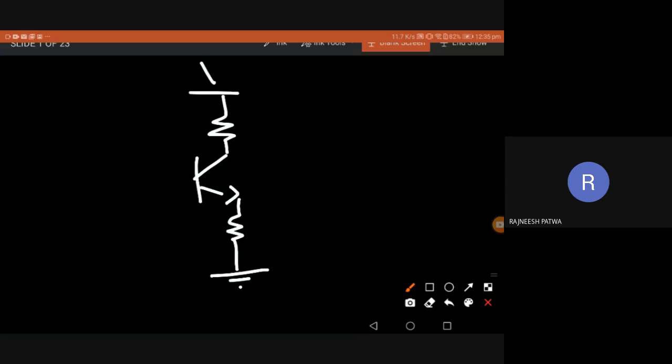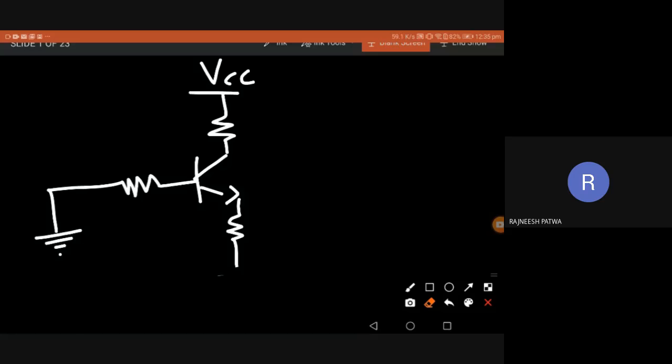The transistor, RC, definitely there is an RE, and there's a VCC. And definitely there is a resistance, and we are grounding this also. I'm changing the ground of this emitter part.